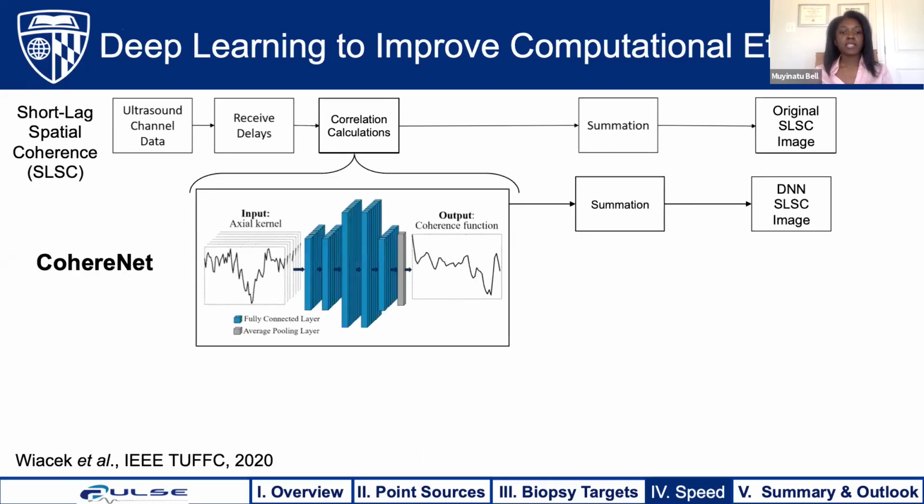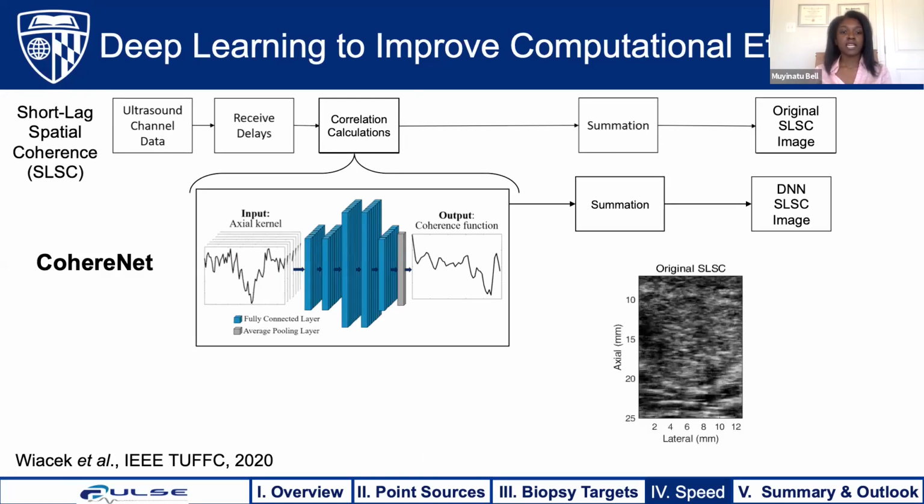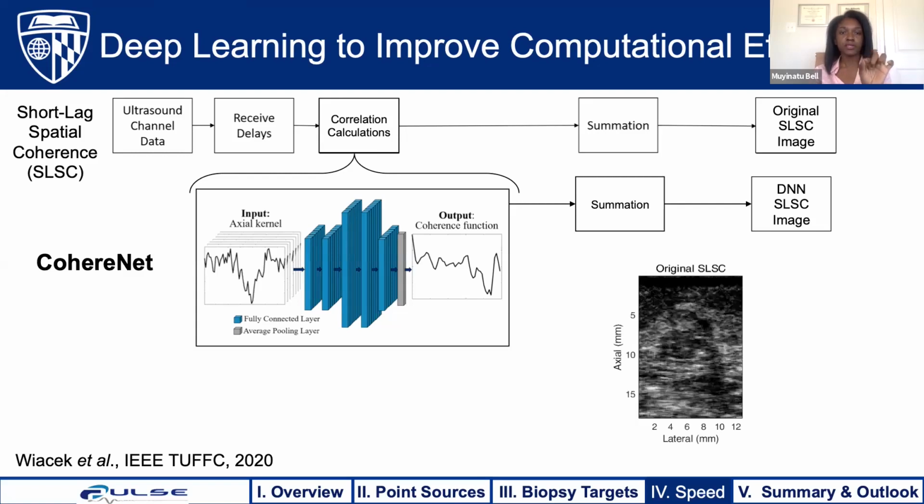So we demonstrated this potential using our newly developed CohereNet architecture, which contains a series of fully connected layers. And this network accepts the raw channel data. And we now have two optional paths for creating the SLSC image. The first is shown at the top, which is the original approach that I mentioned on the previous slide, and it creates these original SLSC images.